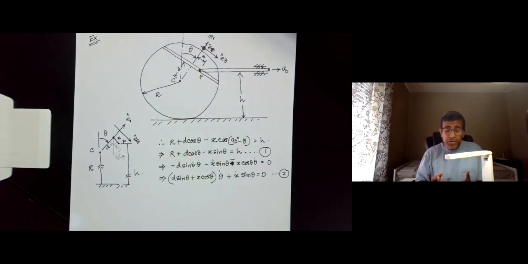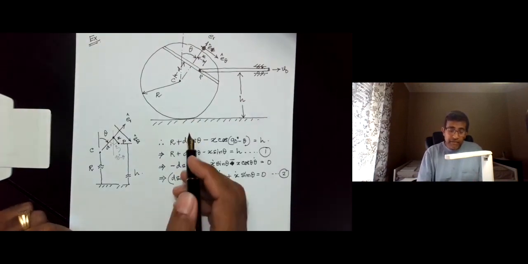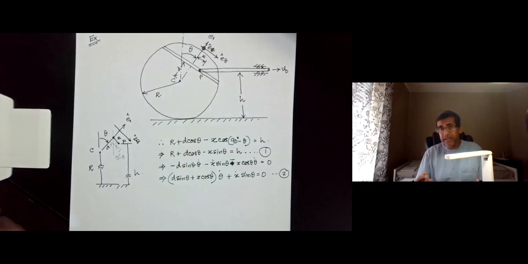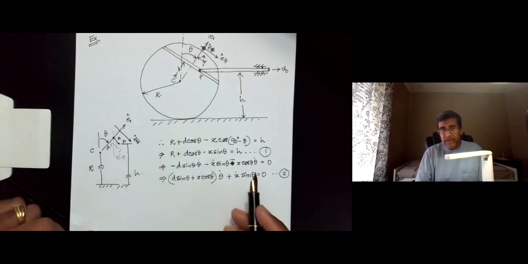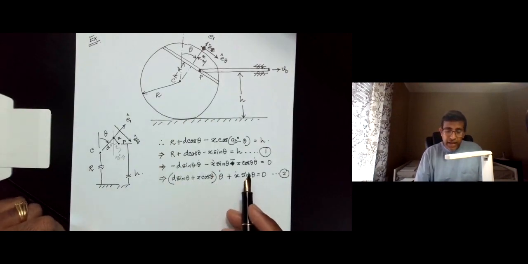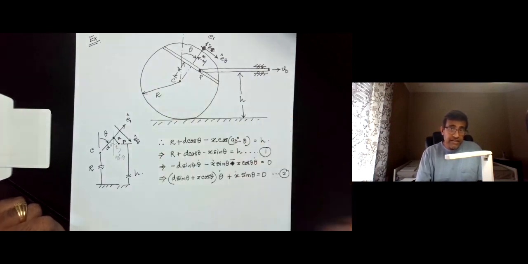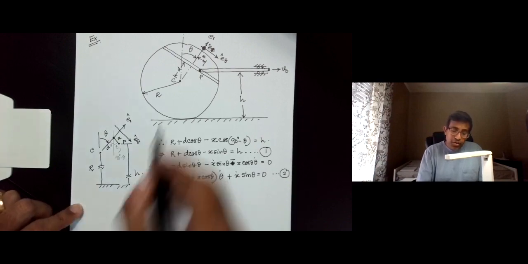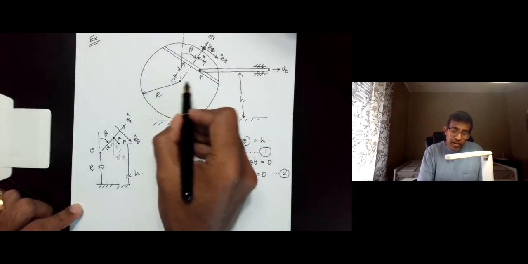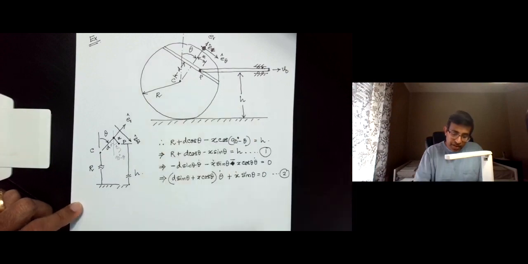Here is a problem though where the Vp is given, okay, and for that matter Vc is also very clear. It is just theta dot times r, and so in fact it is the Vc that is of greater interest in this problem. But we know that the point C is moving along the horizontal direction.